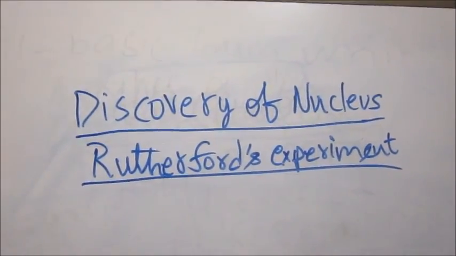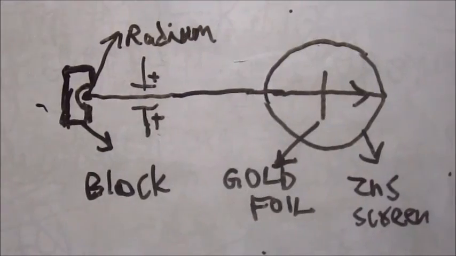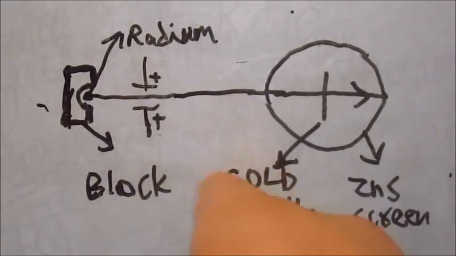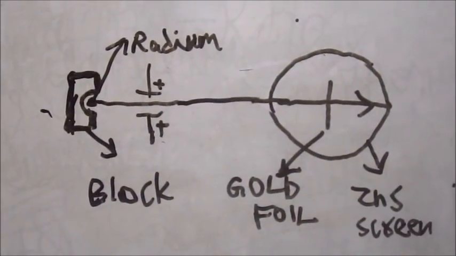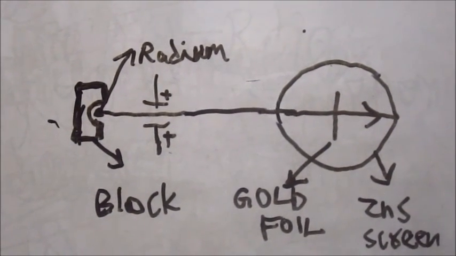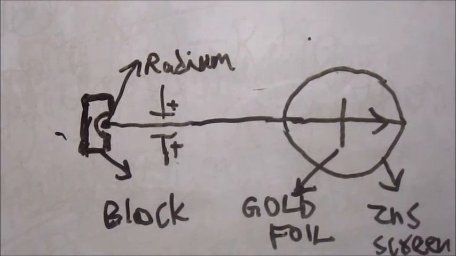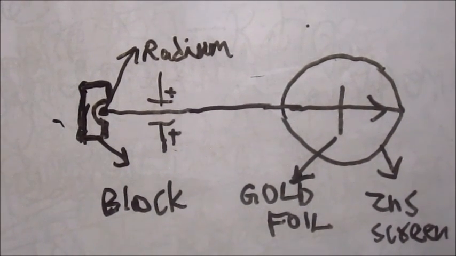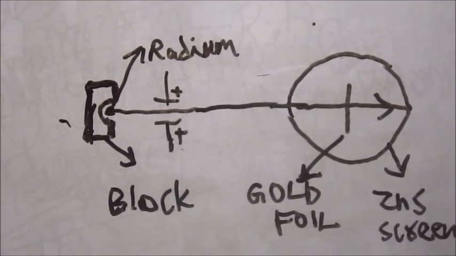Next up, let's talk about the discovery of the nucleus. Rutherford set up the following experiment. He reasoned that if the positively charged mass present within the atom is thinly spread, then any positively charged particle moving with sufficient kinetic energy would easily penetrate through it.